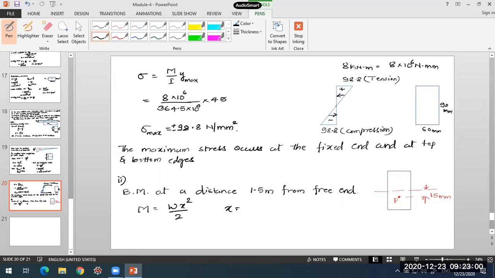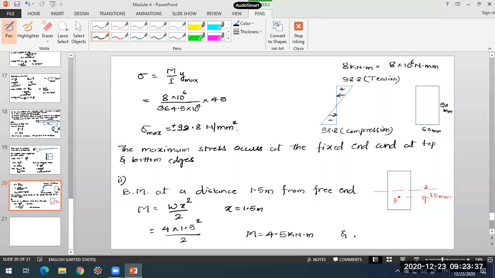Now in this case, x is 1.5 meters, so this comes out as 4 into 1.5 square divided by 2. So how much will that be? It will be 4.5. So here M will be equal to 4.5 kilonewton meter.